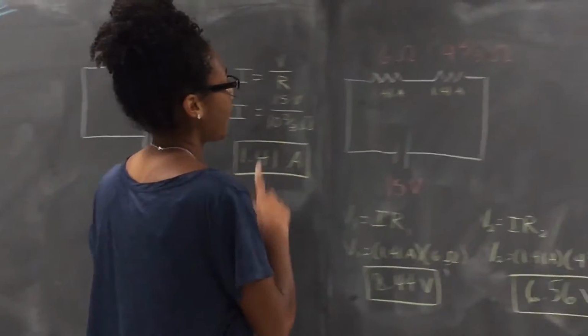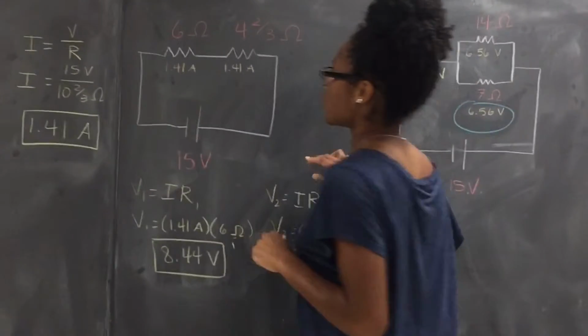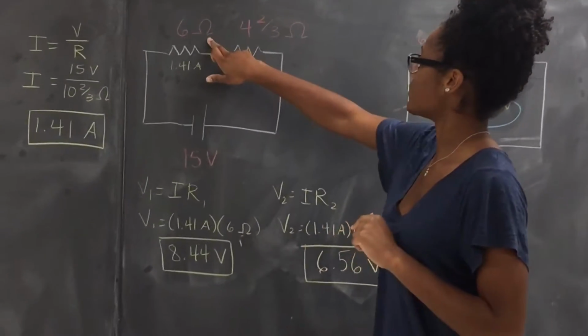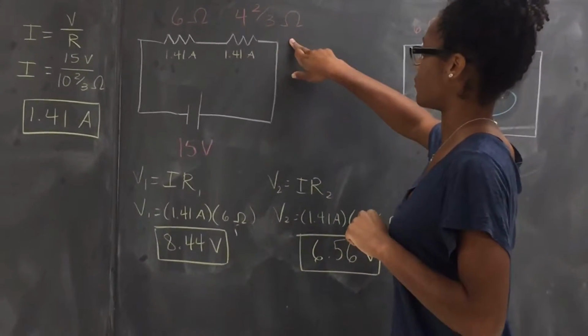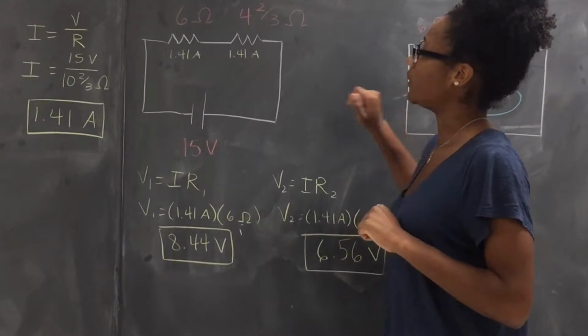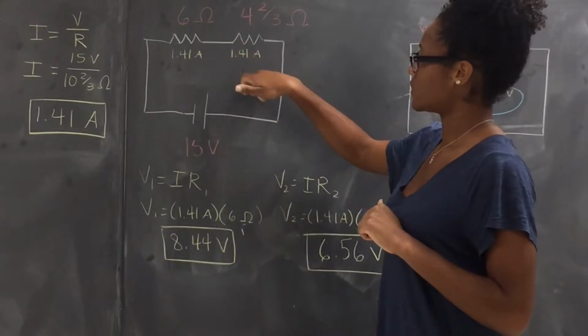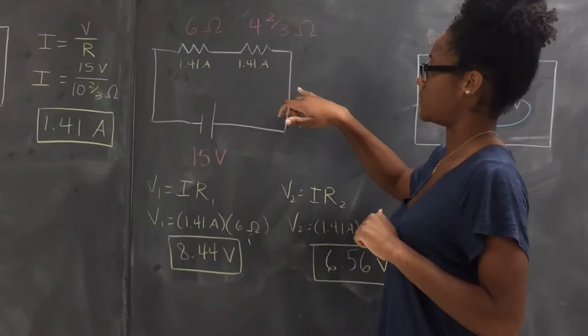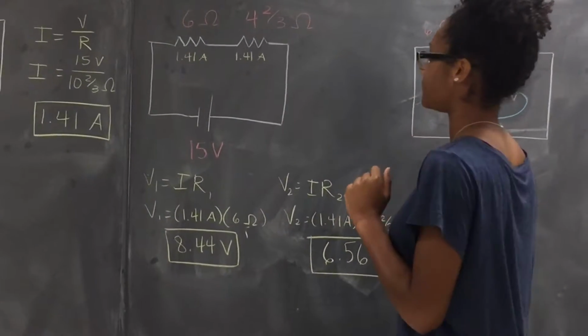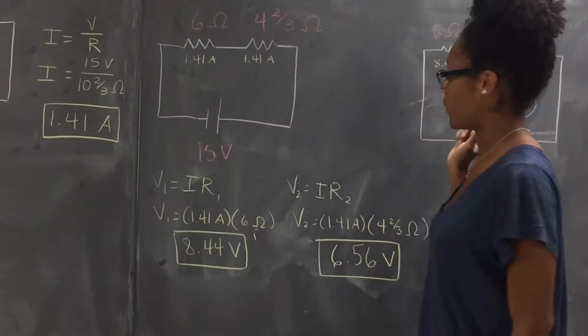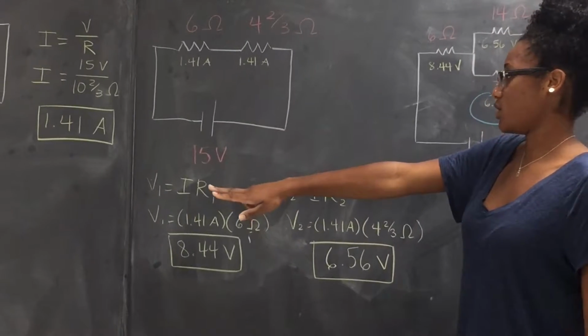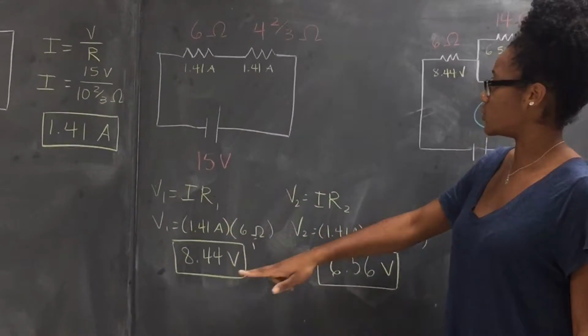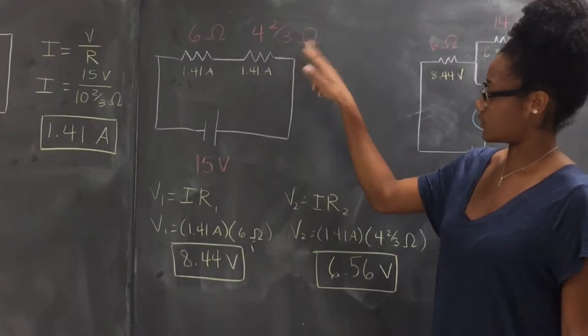So we're going to move back to when our circuit included the 6 ohm resistor and the 4 2/3 ohm resistor. Now we know that the current through each of these resistors is 1.41 amperes because they're connected in series. Now we're going to use a variation of Ohm's law to obtain the voltages over each of the resistors.